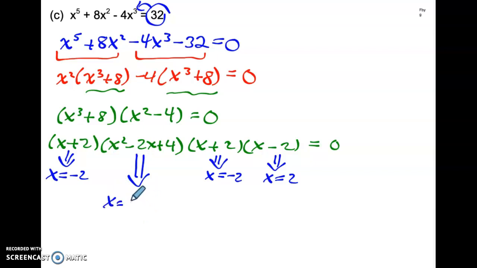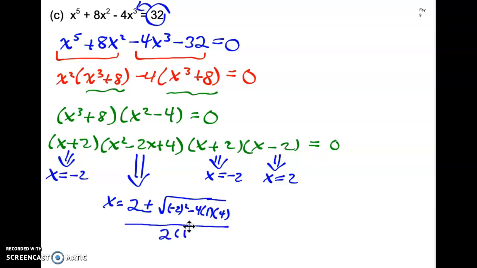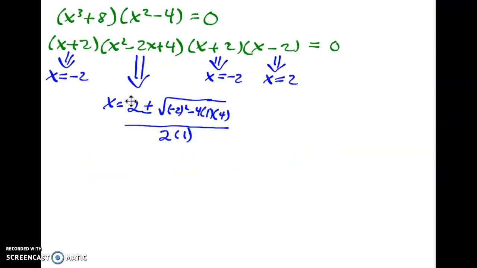So x is equal to negative b plus or minus the square root of b squared minus 4ac all over 2a. And when we simplify inside that square root, we get that it is the square root of negative 12.